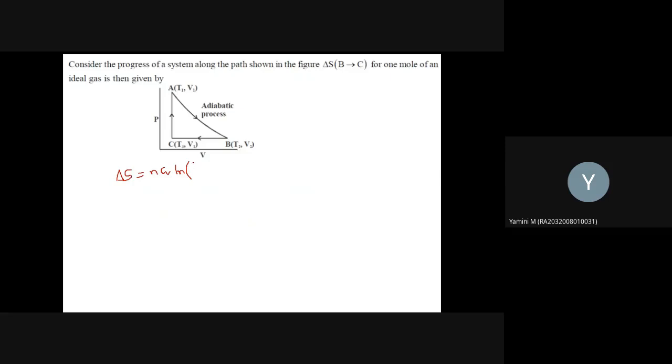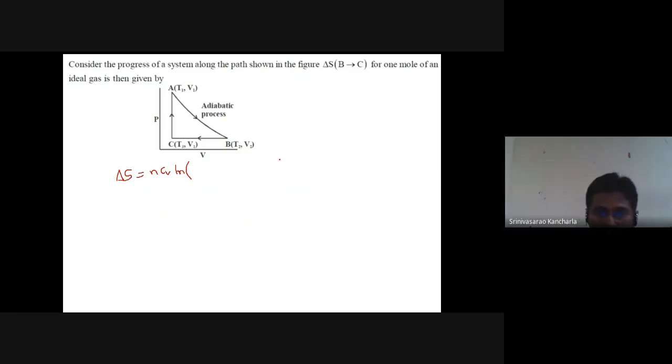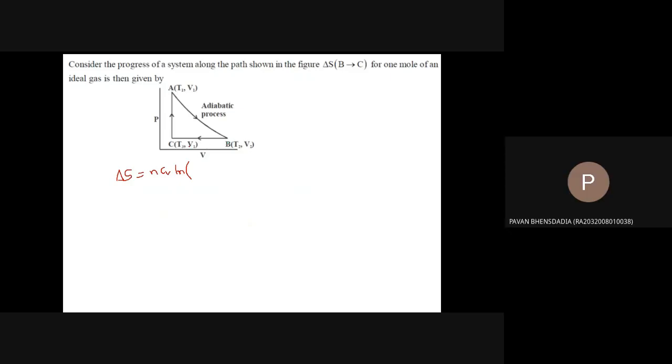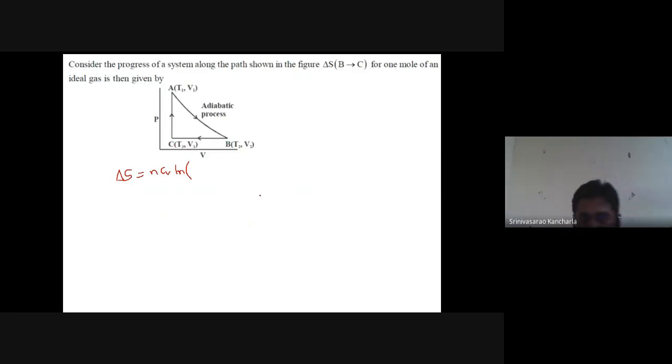You are asked for B to C, so it is T3 by T2.